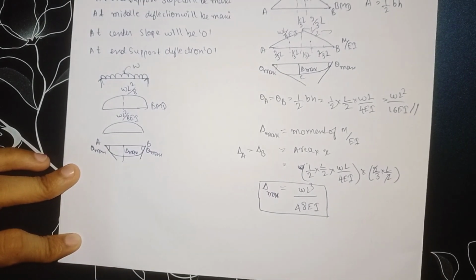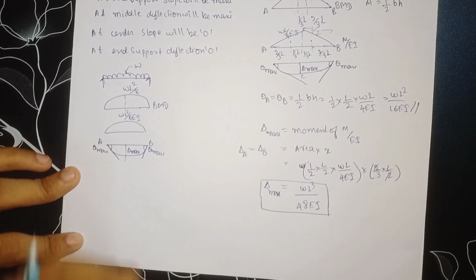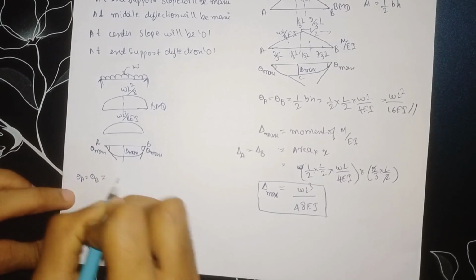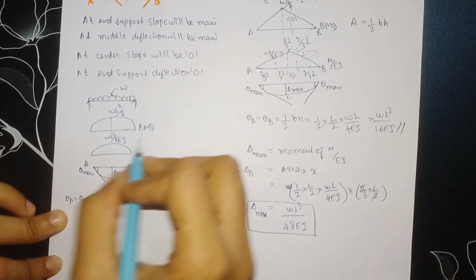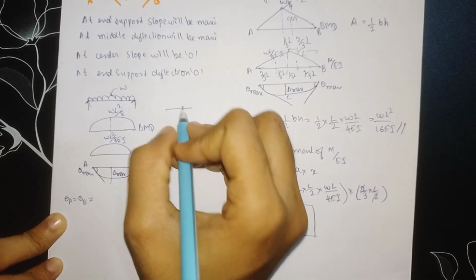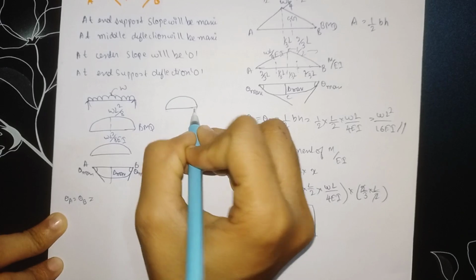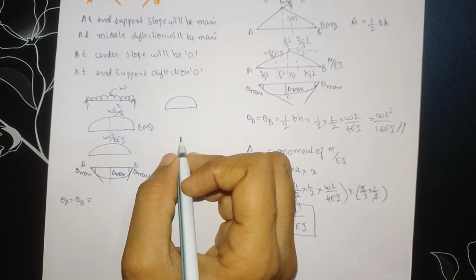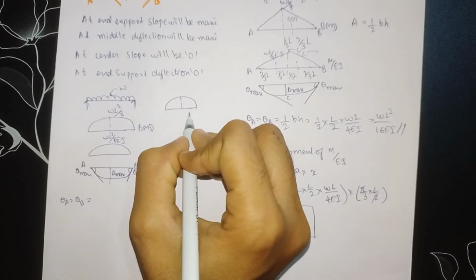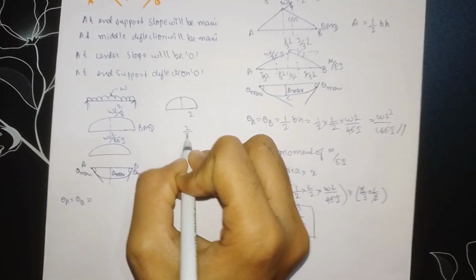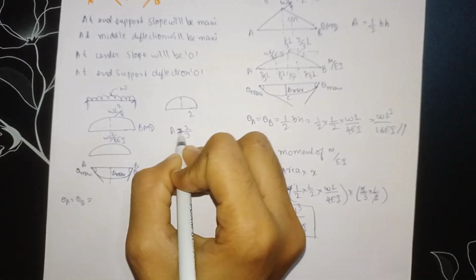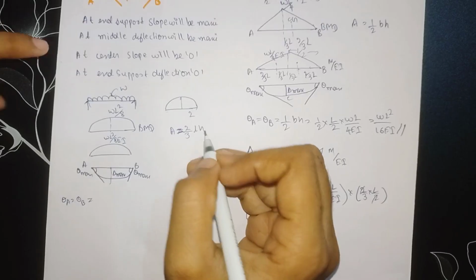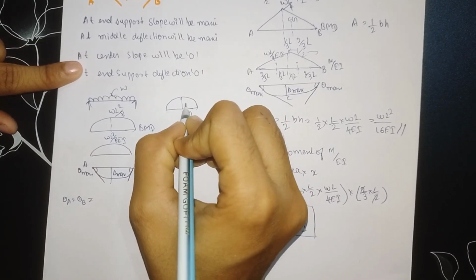So now to find the slope, theta A is equal to theta B. We have, for a parabola, the formula to find the area: 2 by 3 into L into H. To find the CG distance, the CG will act here.